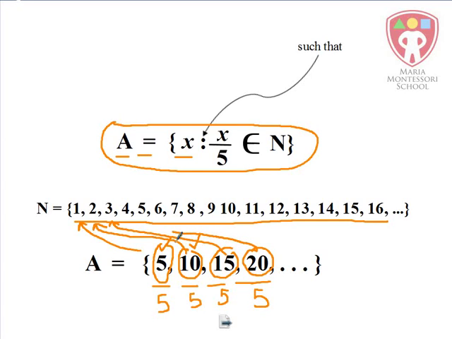And as 4 is in our set of natural numbers, then 20 is allowed to be in set A. Well, I'm sure you can guess what other numbers can be in set A. Pause the video at this point and write down 3 other numbers that would be in this set and be ready to explain to the class why those numbers are allowed to be in set A.